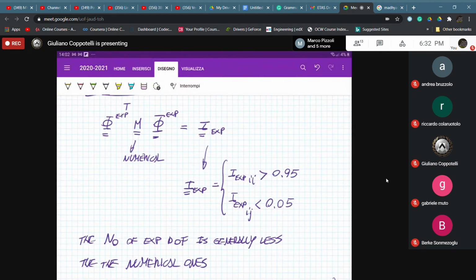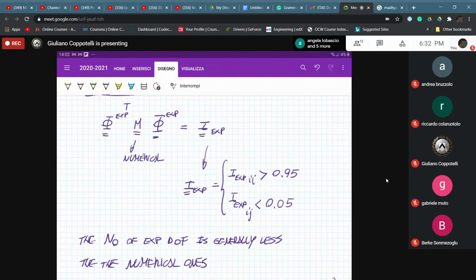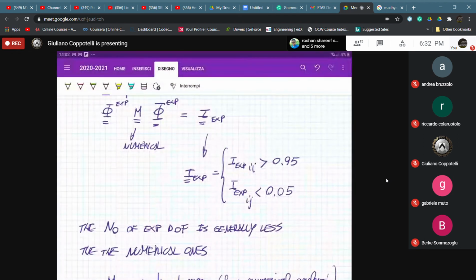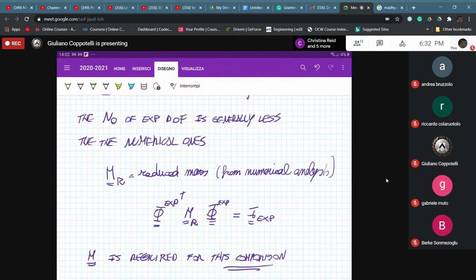Most of the time, the experimental degrees of freedom are fewer than the numerical ones, and therefore, by using some numerical techniques, we can reduce your numerical mass model to the experimental degrees of freedom, and therefore you have to consider your reduced mass, as I wrote just before, in order to evaluate your experimental identity matrix.